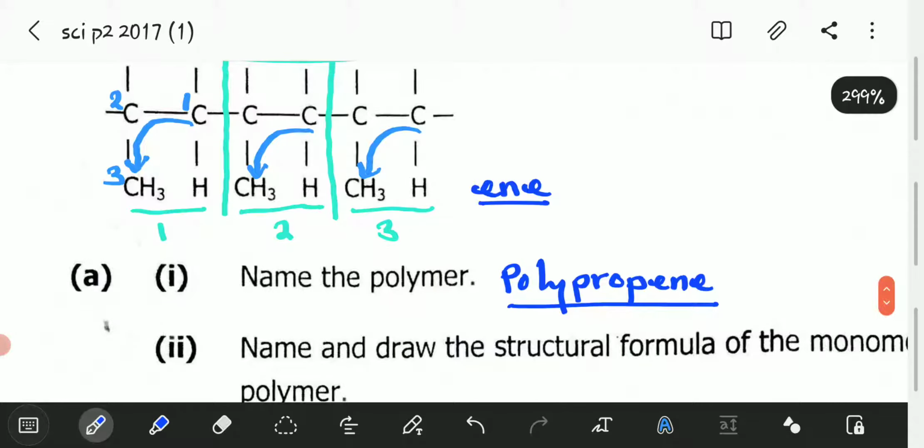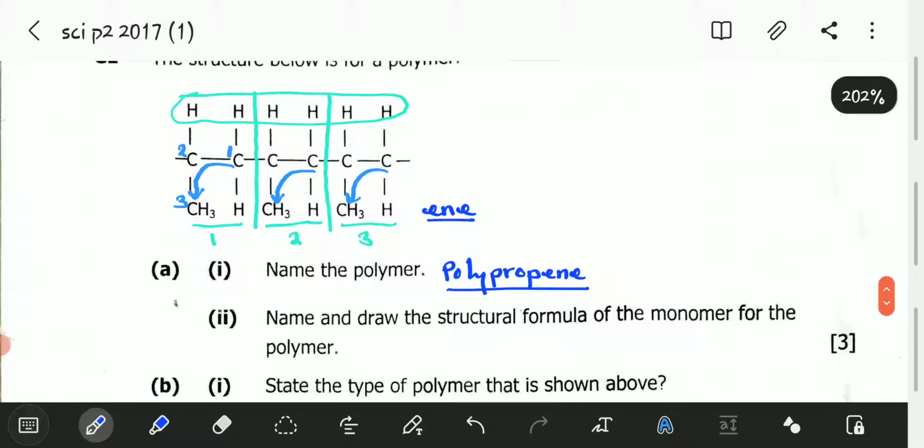We now turn our attention to A2. Part A2 says, name and draw the structural formula of the monomer for the polymer.